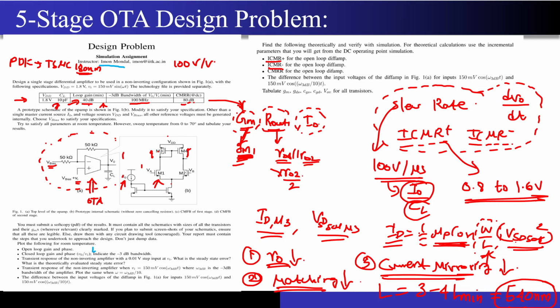I can get the value of R0 as well. Now I know what is the current with which M1 and M2 are biased. So from there, I can know what is the W by L because I know the GM, I know the bias current, correct? So from there, I can calculate the W by L of M1 and M2.